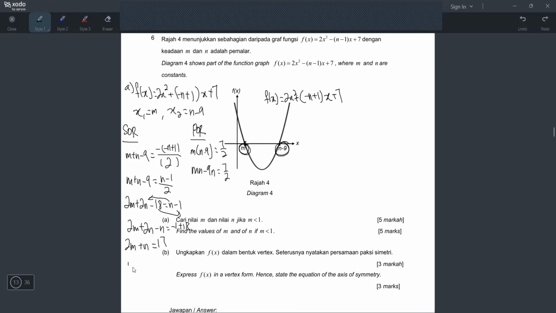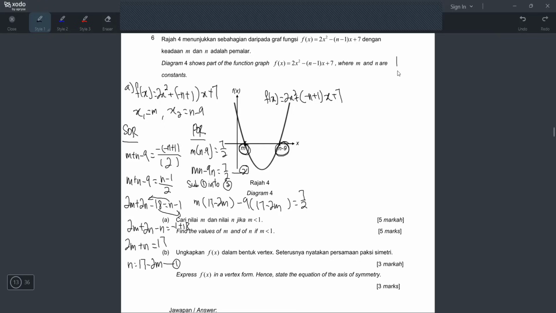So I will make the n single, which is 17 minus 2m, and then I will substitute this 1 inside equation 2. So I will write here sub 1 into 2. So my equation 2 now will be mn minus 9n equals 7 over 2. So what is my n? 17 minus 2m.